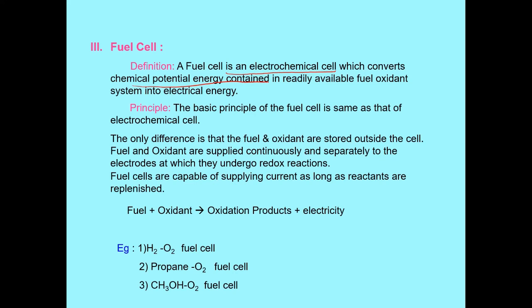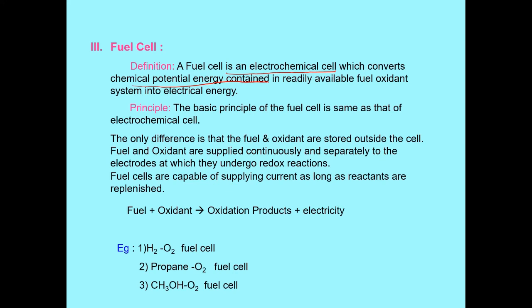So basically the fuel cell is like an electrochemical cell, whatever we have already learned as the basic principle of a battery, which converts the chemical potential energy into electrical energy by continuously giving this fuel oxidant.